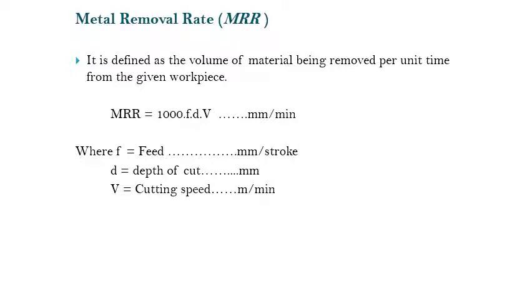So using this equation, you can easily find the metal removal rate. MRR equals 1000 f d V, where f is the feed rate, d is the depth of cut, and V is the cutting speed.